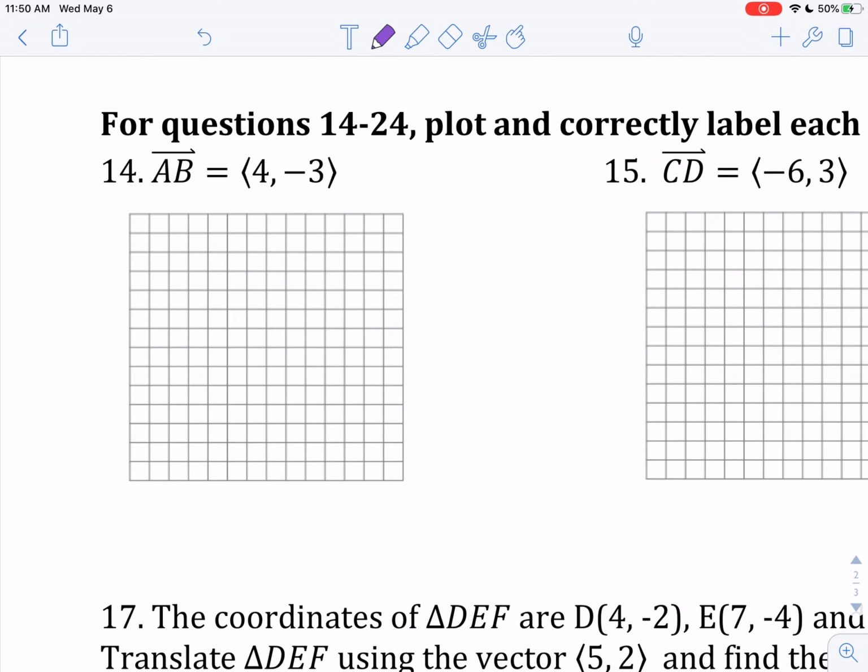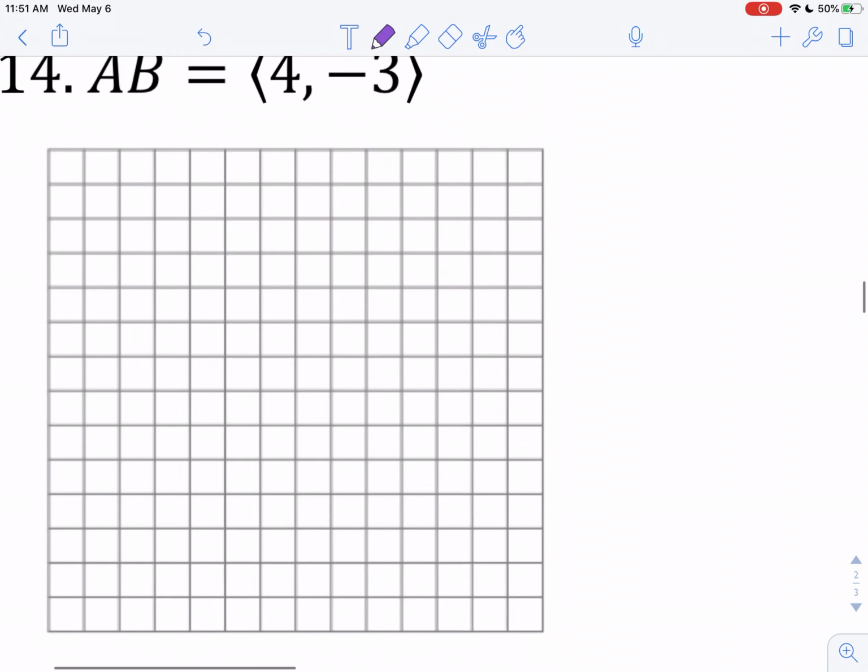Plotting this. So AB is a vector with the ordered pair notation of <4, -3>. It really doesn't matter where A and B are located as long as you are indicating the <4, -3> ordered pair notation. So I'm going to pick a random spot on here. I will put A down here so I have some room to move.